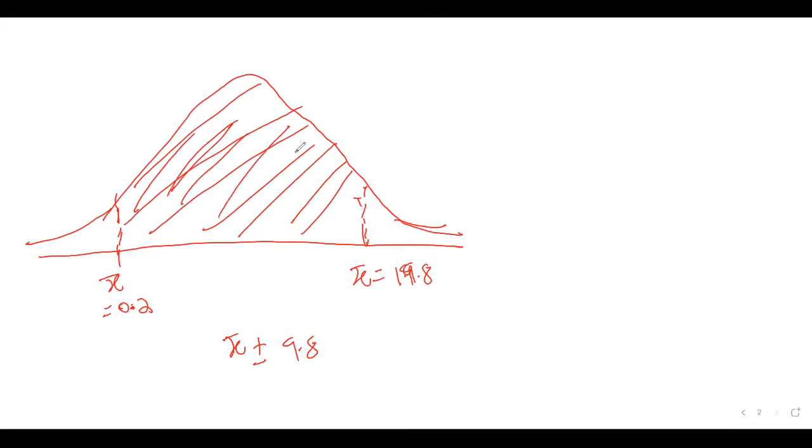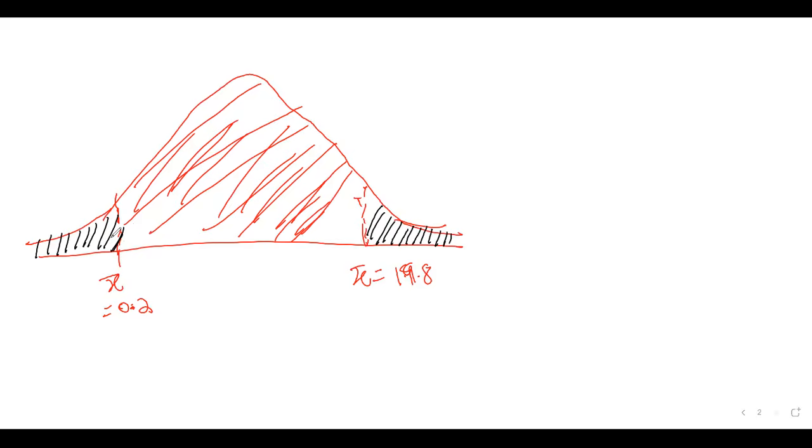So it means that once you do your computation and the figure falls between 0.2 and 19.8, it means that we will not reject the hypothesis, all right? But once the value falls above 19.8 or falls below 0.2, we are going to reject the hypothesis.